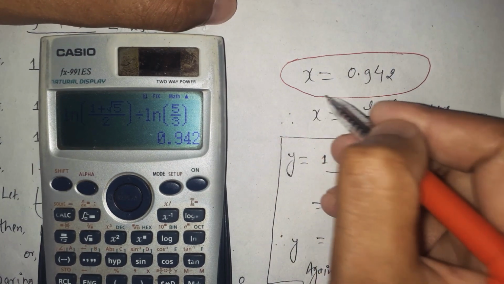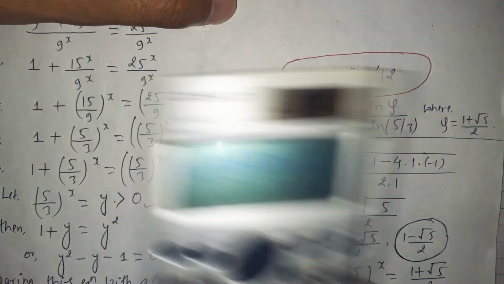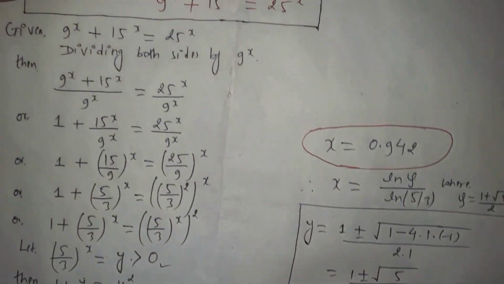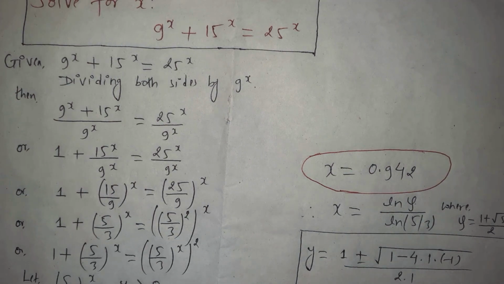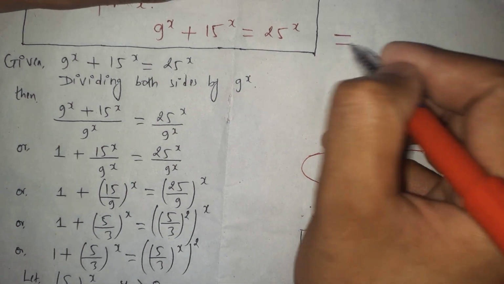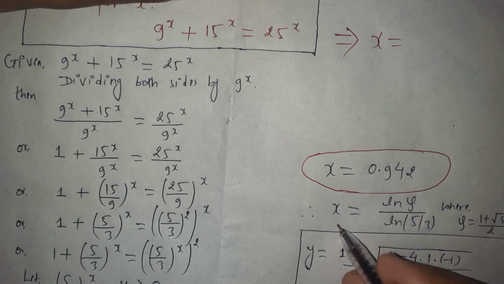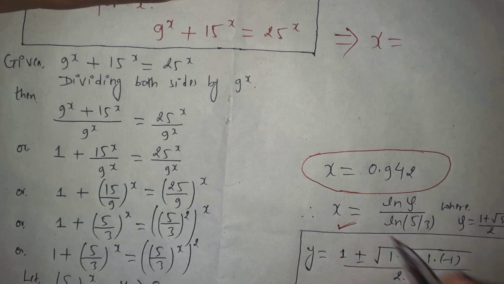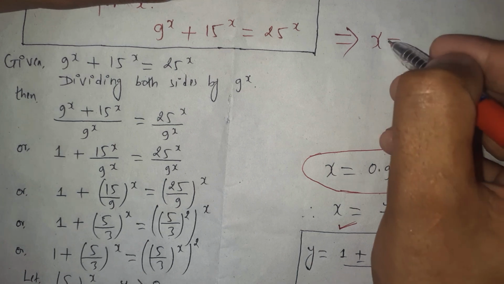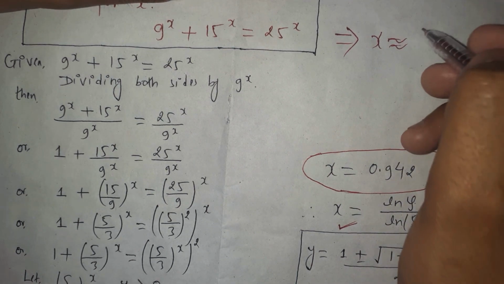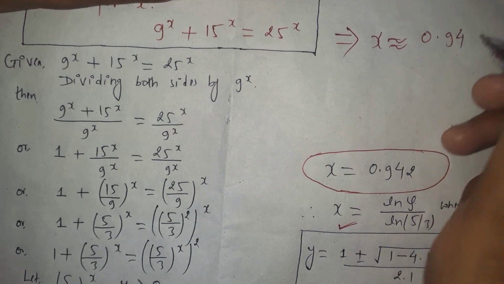Here we can solve the value for x. Here we finally solve these equations. The value of x is obtained in this format in terms of the golden ratio, and its approximate value is 0.942.